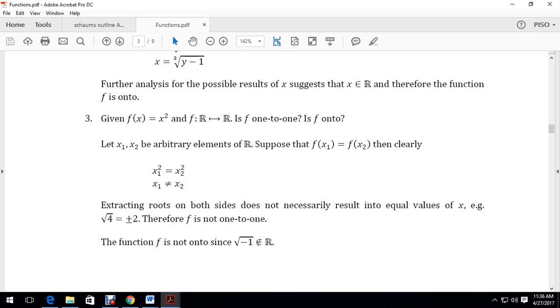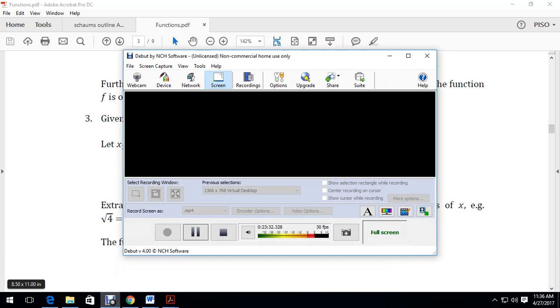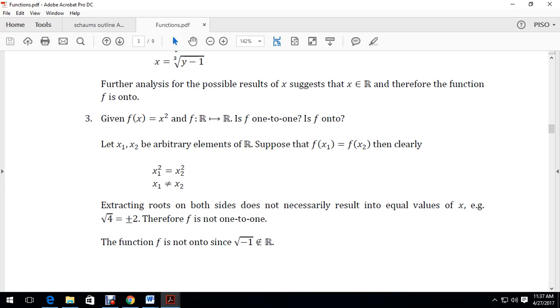So obviously we cannot equate x sub 1 with x sub 2, since it's possible to choose a positive value for x sub 1 and a negative value for x sub 2, which is obviously not equal.